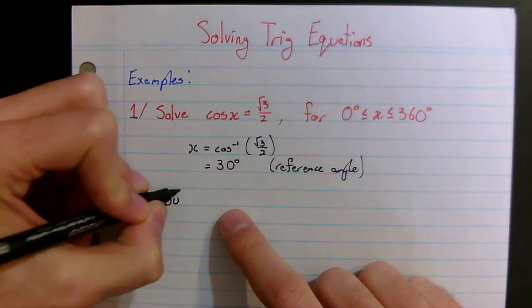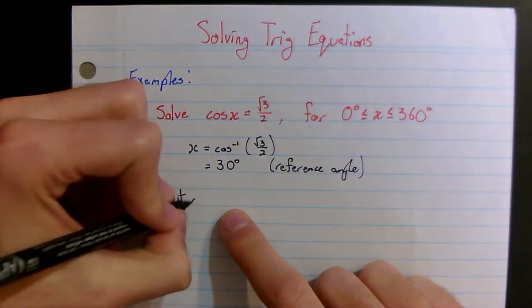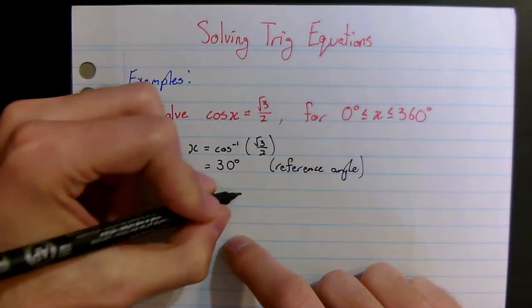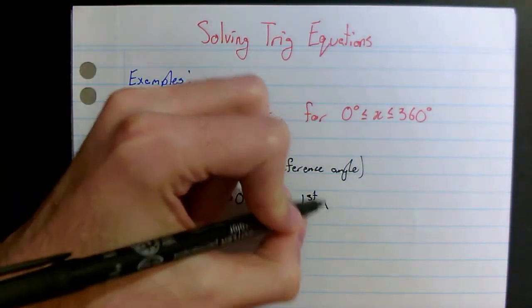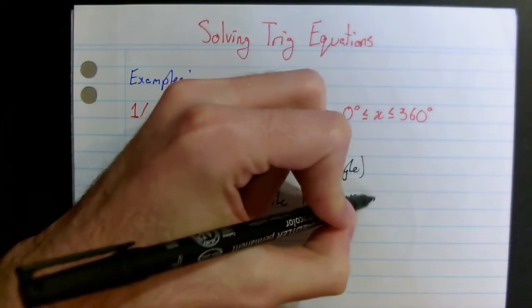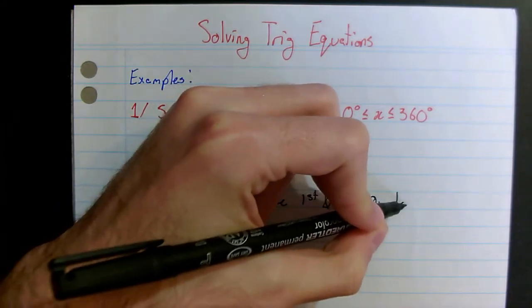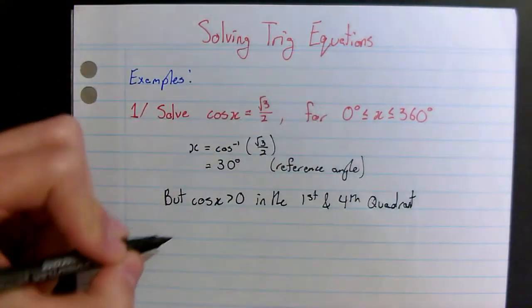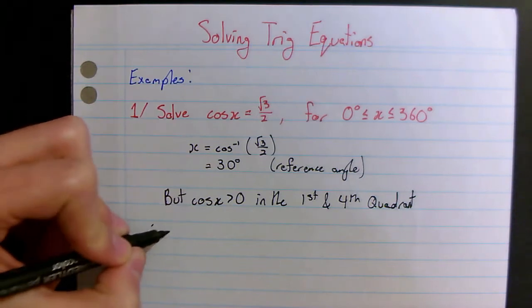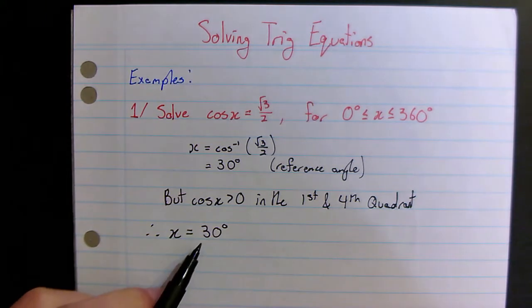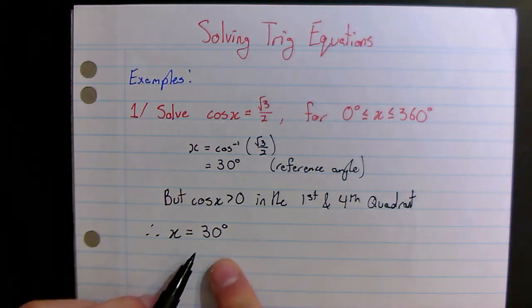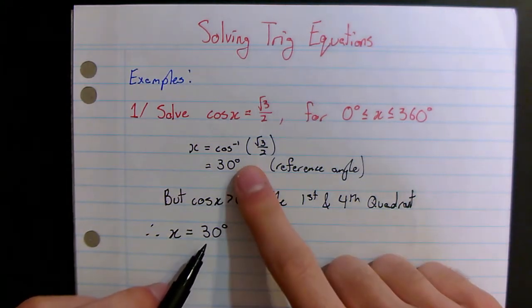So we make a statement: cos x is greater than 0 in the first and fourth quadrants. Therefore x is equal to 30 degrees, or theta, because that's how we define angles in the first quadrant in terms of a reference angle.